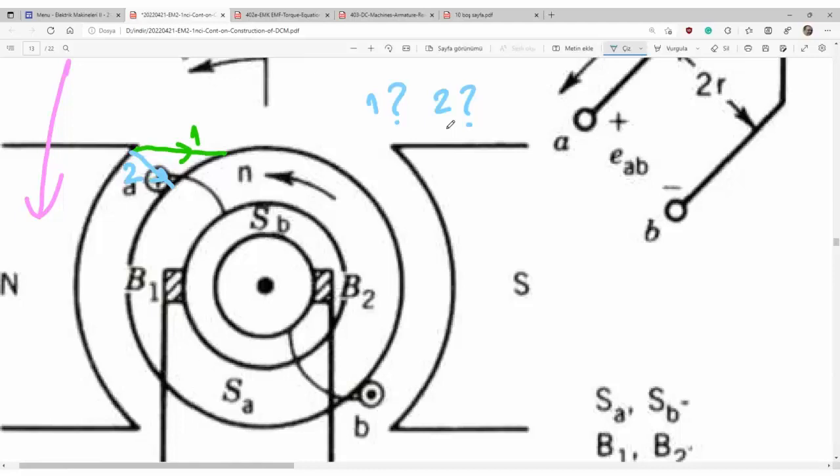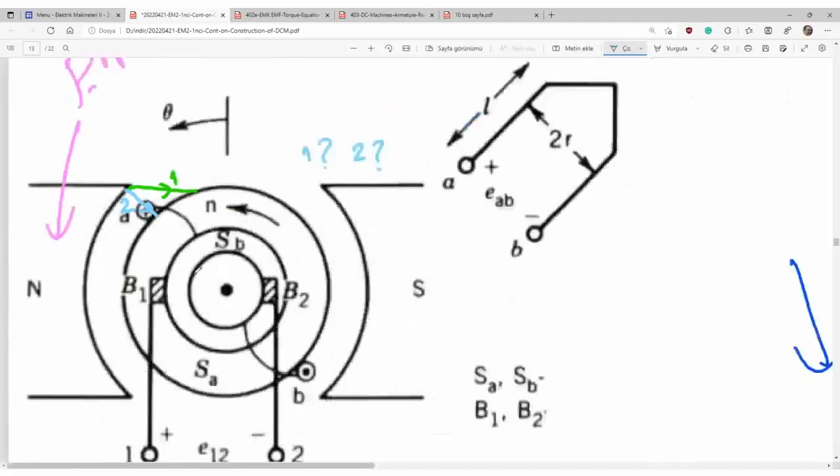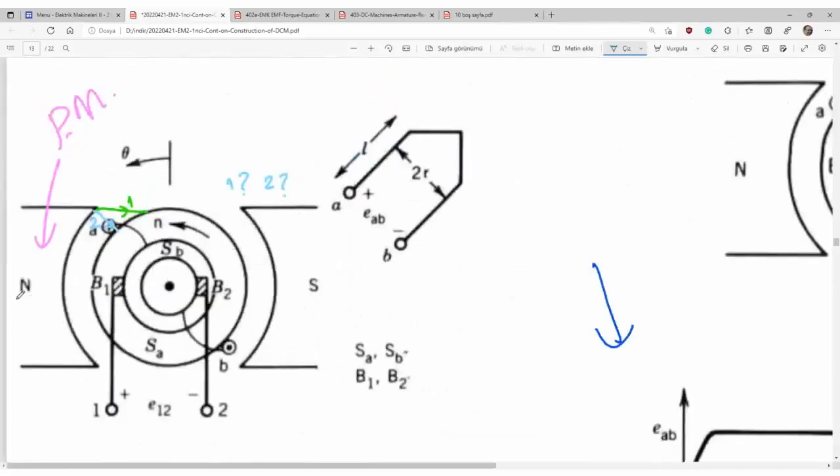Okay, let me explain one more time. Here's the N pole, here's the S pole in the stator, and of course here is the yoke behind the poles.